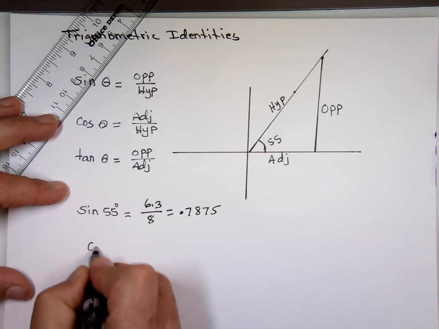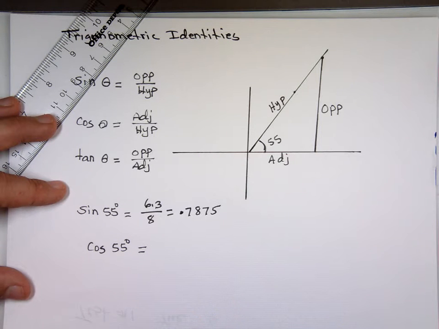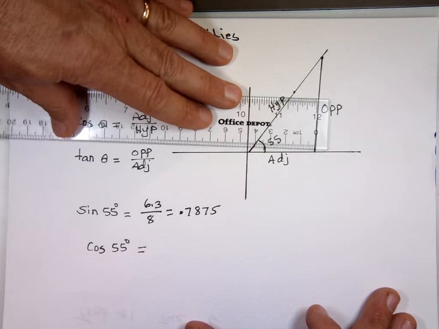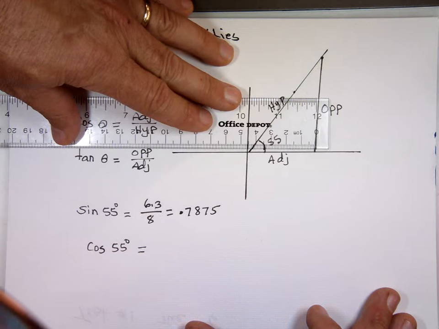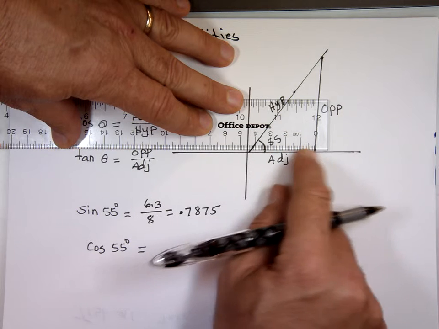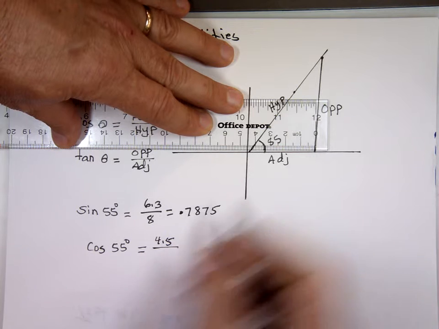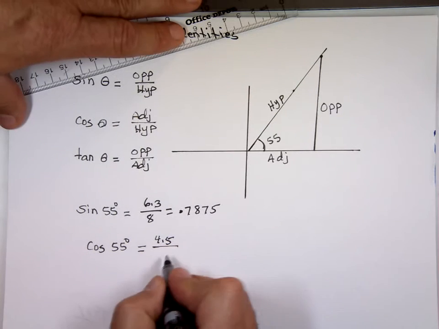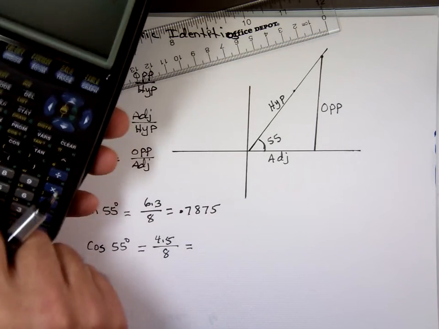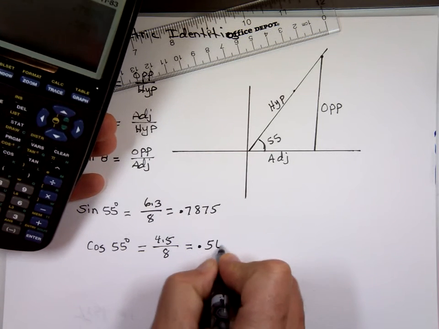Let me find the cosine of 55 degrees. Cosine is the adjacent, so let me measure the length of the adjacent side. I'm getting roughly 4.5, divided by the hypotenuse, which we know is 8. 4.5 divided by 8 is 0.5625.